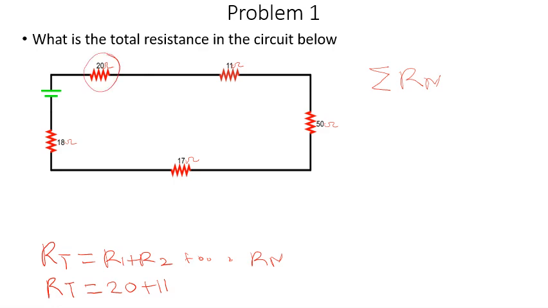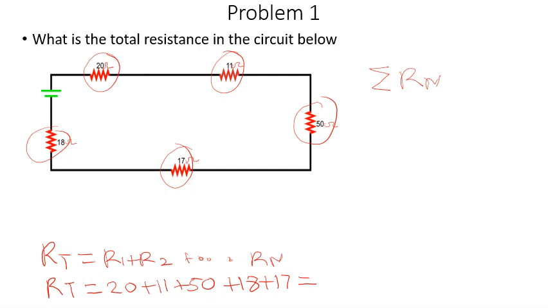This resistor is in series with this, and with this, and this, and this. Everything here is in series, so we simply add them up: 20 plus 11 plus 50 plus 18 plus 17. When we do the math, we get 116 ohms.